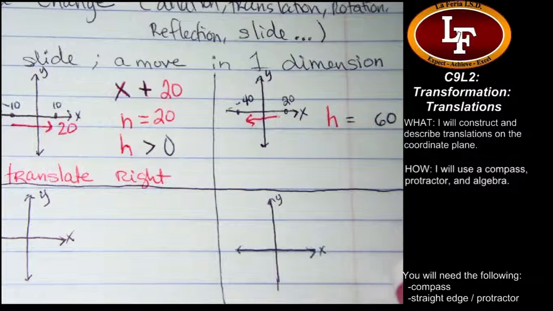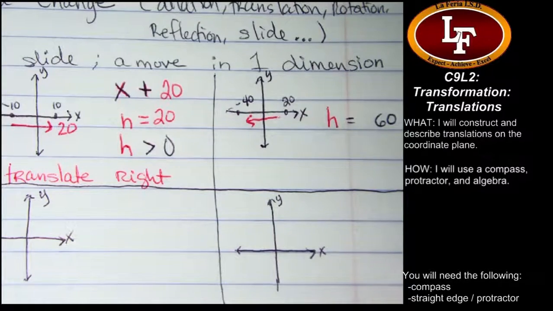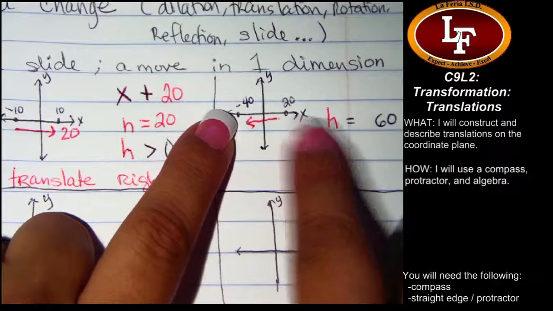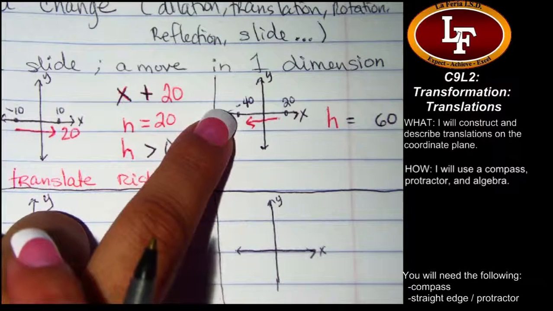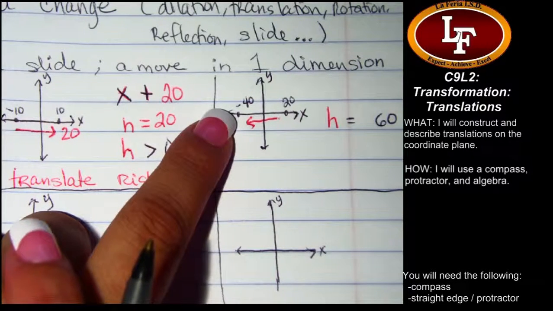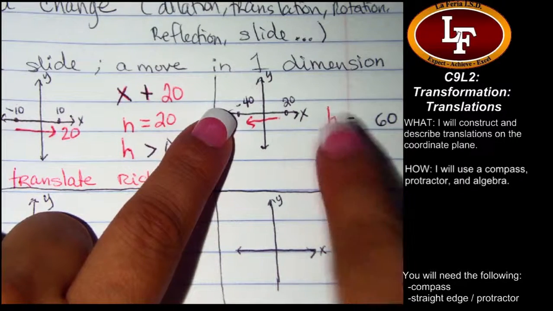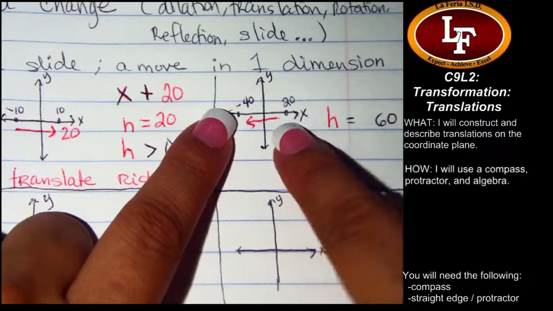Okay. So his argument was that h has to be 60 because this is a distance. I'm traveling 60 units. That was his argument, that's why he's saying h has to be positive. But over here we're saying, yes, we're moving 60 units, but there's a direction involved.